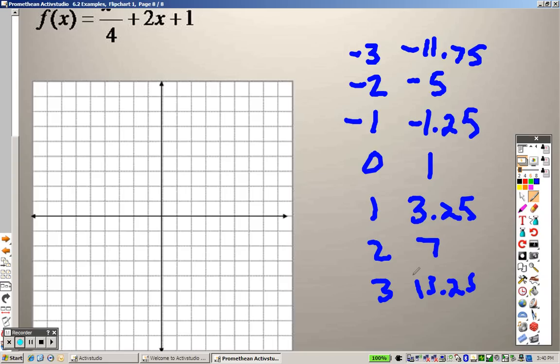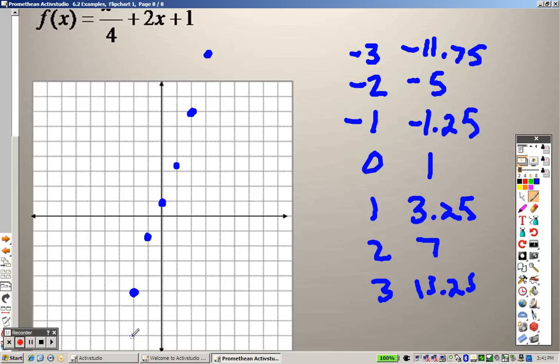And 3, 13.25. So let me try to plot some of these to see what we get from our table. -3, -11.75 is off. So -2, -5 is right there. -1, -1.25. 0, 1 is right there. 1, 3.25. 2, 7 is right there, and 3, 13.25 would be somewhere up here.